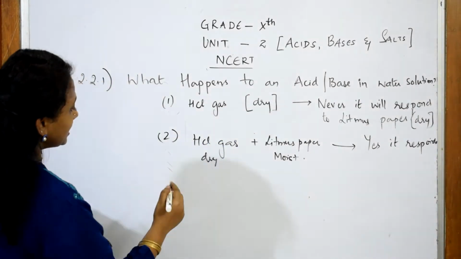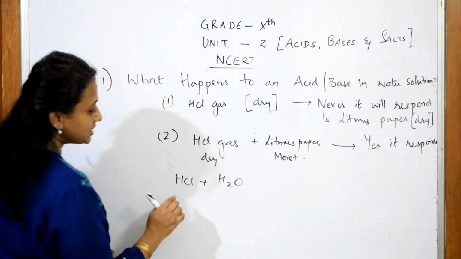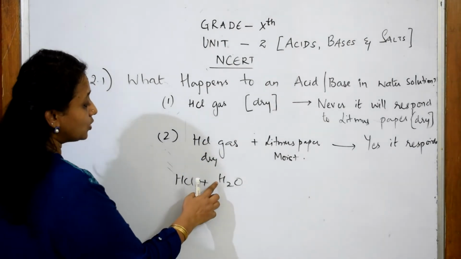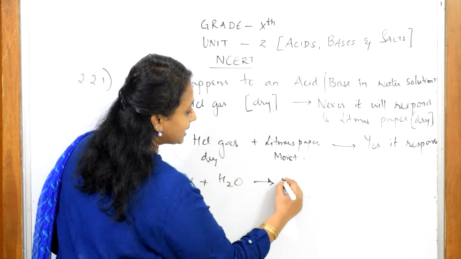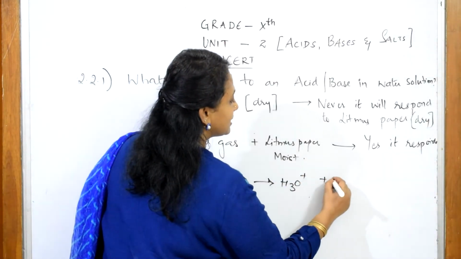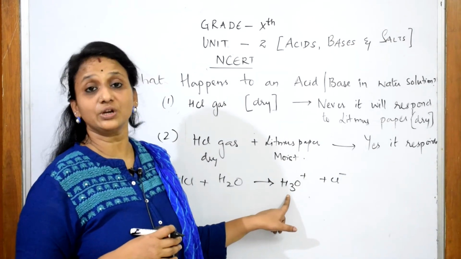Now I am going to take HCl and add it to water. Now see here, hydrogen is 2, 1 hydrogen here. Add together, what will you get? You are going to get an ion called H3O plus ion. What is left out? Cl minus. So what is the name of this ion? It is called hydronium ion.